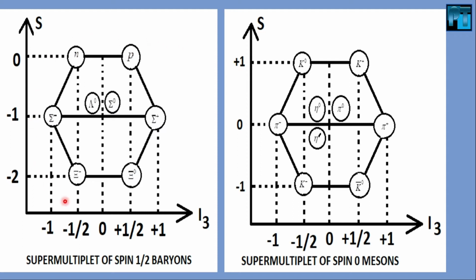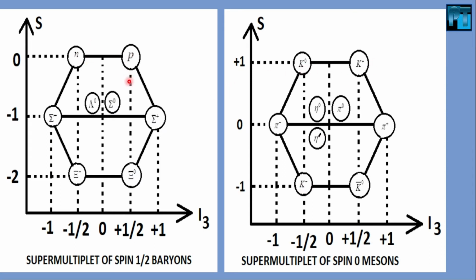This baryon octet is quite interesting because here no antiparticle has been included, whereas in this meson nonet, this K naught bar and this K minus are the antiparticles of these 2 particles.